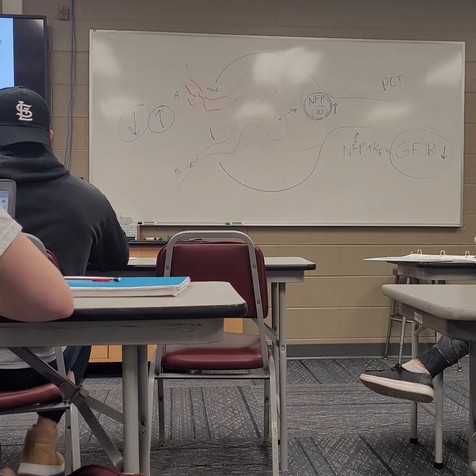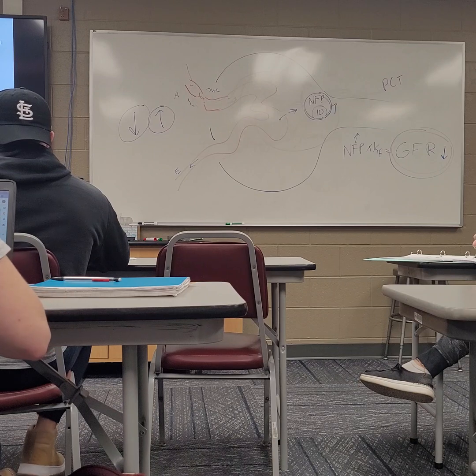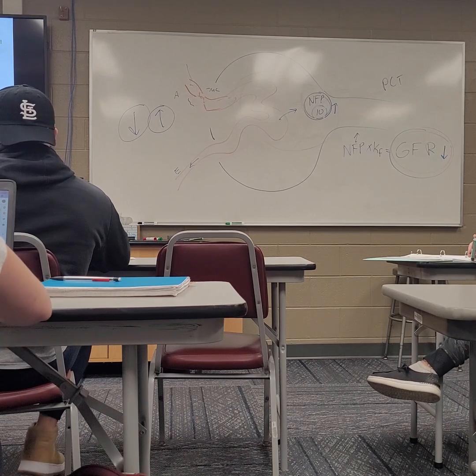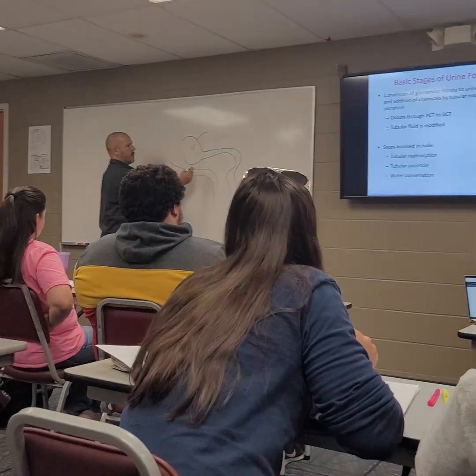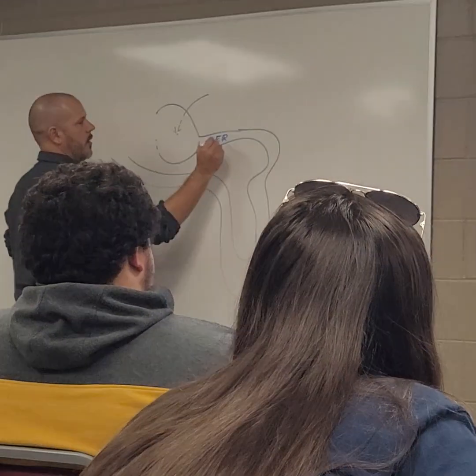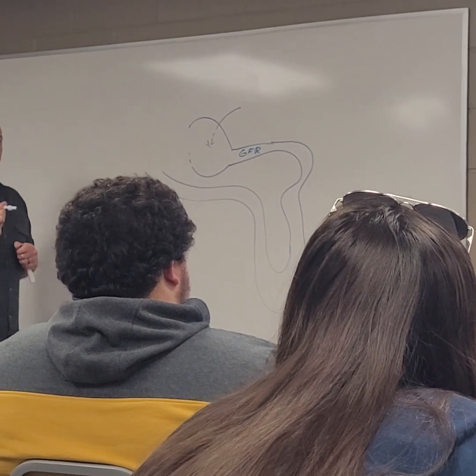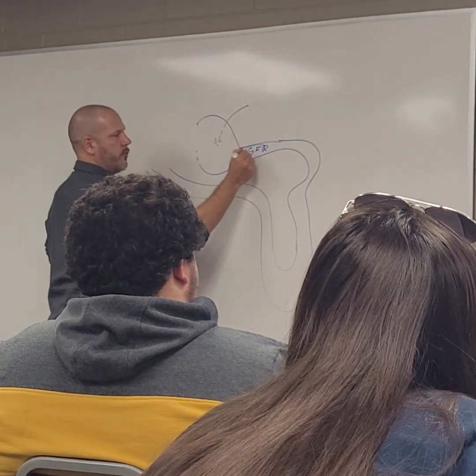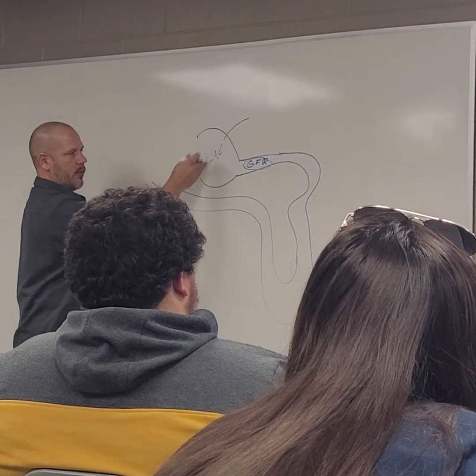And then we've got the loop, and we've got the distal convoluted tubule. So everything that we've talked about thus far is modification of what's happening here during the filtration process. We can either increase or decrease the filtration rate, therefore we are affecting the GFR.